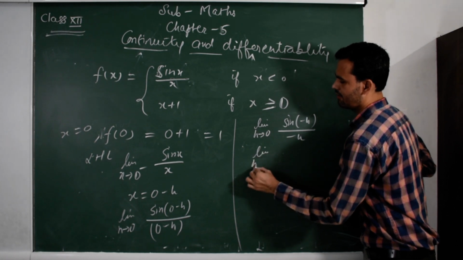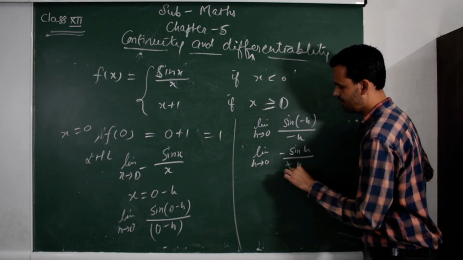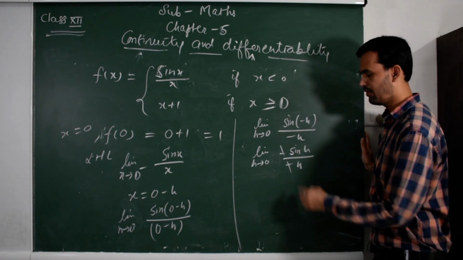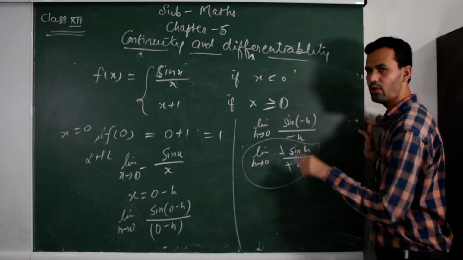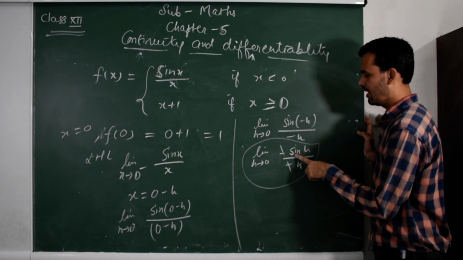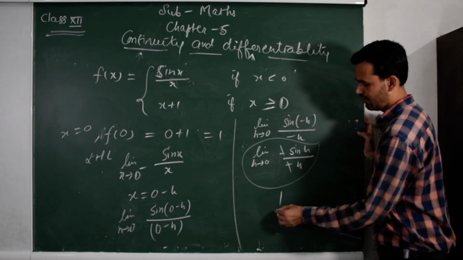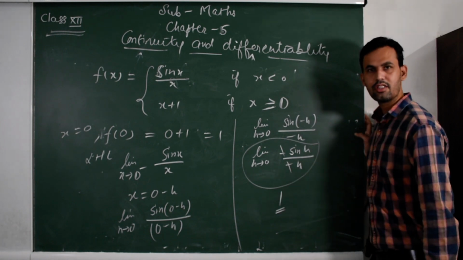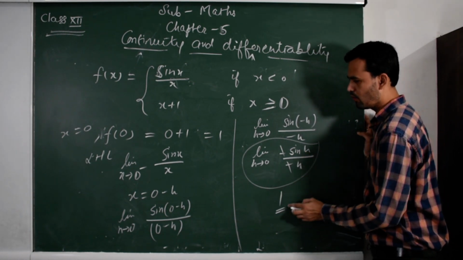So we write it as minus sin h upon minus h, h cancels h, minus cancels minus, then we get this. And we know that limit x tends to 0, sin x upon x equals 1. In previous classes we learned this formula, so it becomes 1.